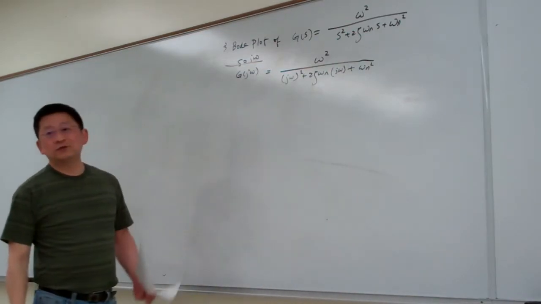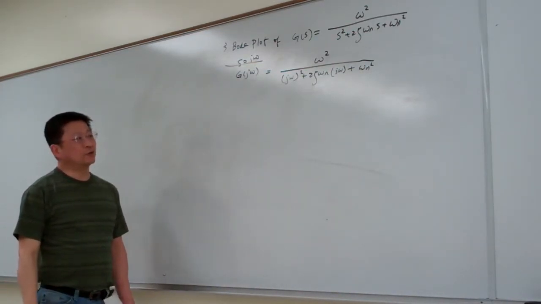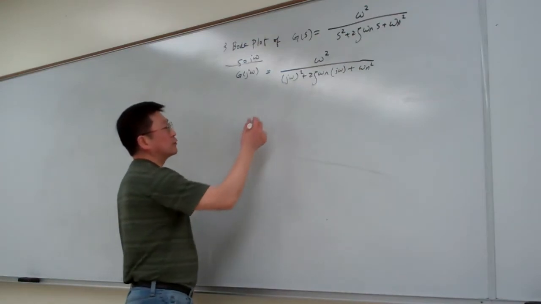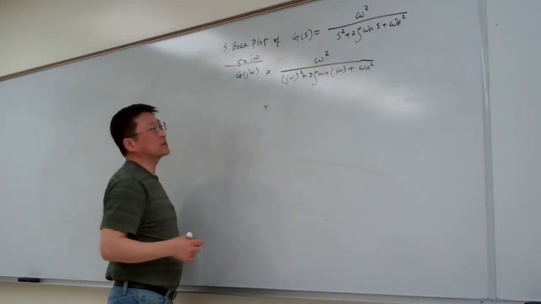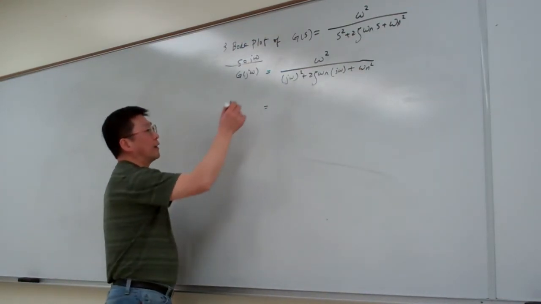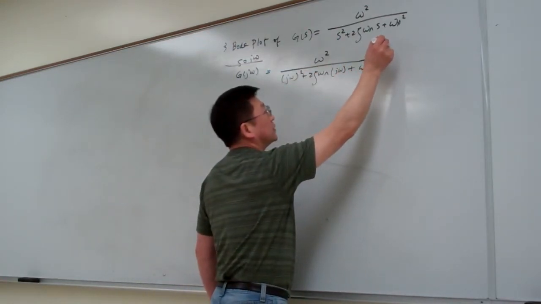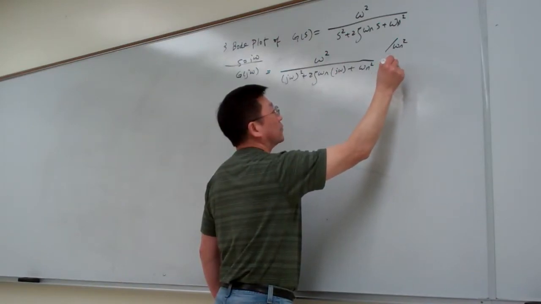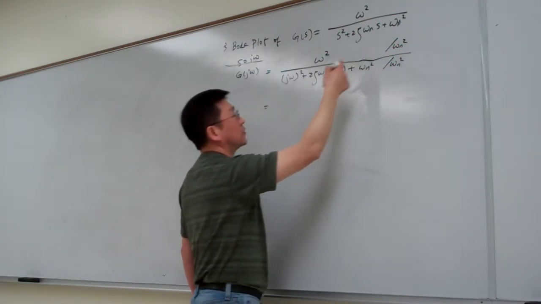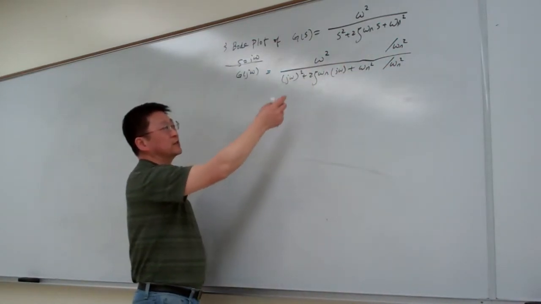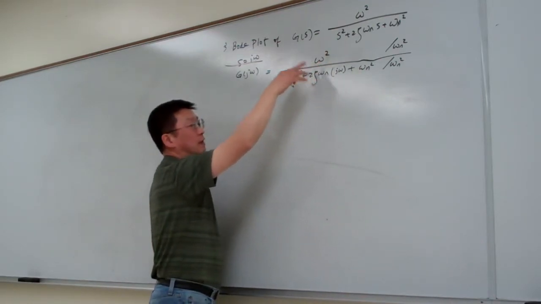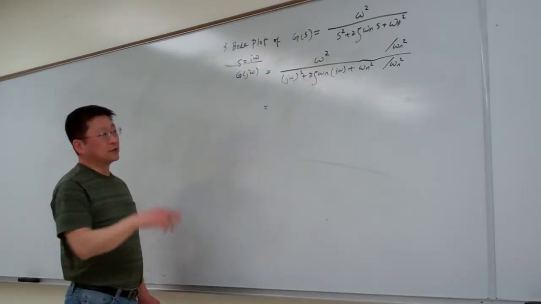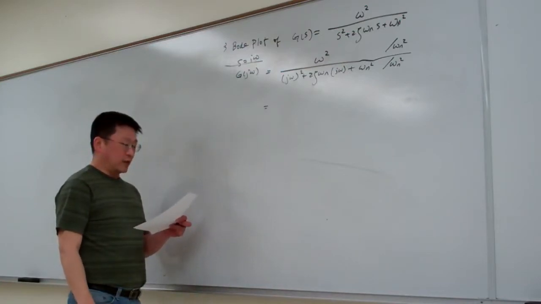Given this, it's not easy to work with, so we try to rearrange. For this case, I'm going to divide the numerator and the denominator by omega n squared. In the next step, I simply divide both sides, numerator and denominator, by omega n squared.